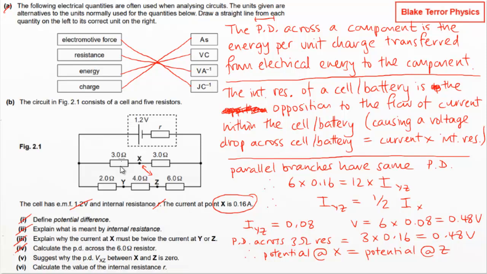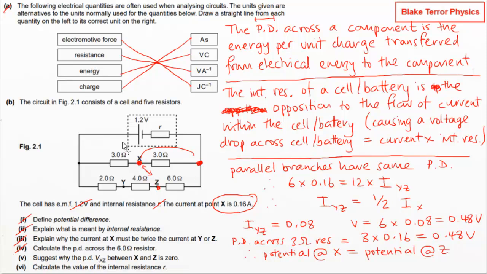So if we were going around the circuit saying, oh well, we've got some value of potential here, and then over here, for each one of these resistors, we've got a drop of 0.48 volts, then we've got some value at this point, some value there, and the difference between those values is the PD across the component. It's really adding the difference to our term potential difference.